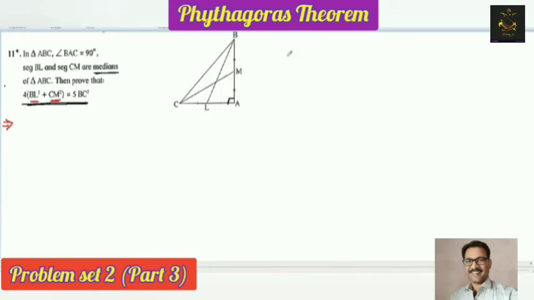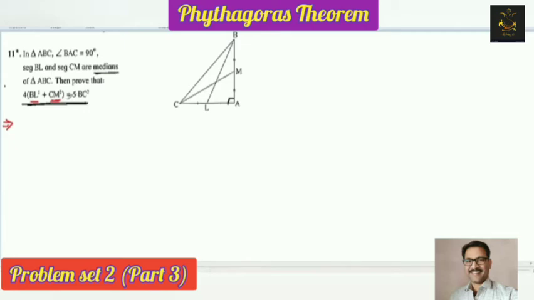Which 3 triangles? This is BAL, big triangle BAC, and this MAC. In these 3 triangles, if you apply Pythagoras, then we can get BL square, CM square and BC square.